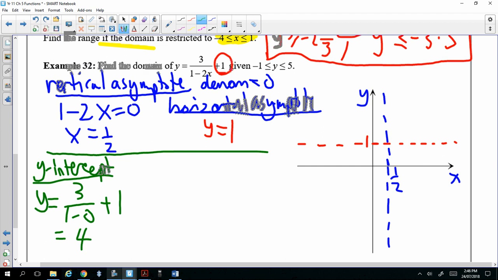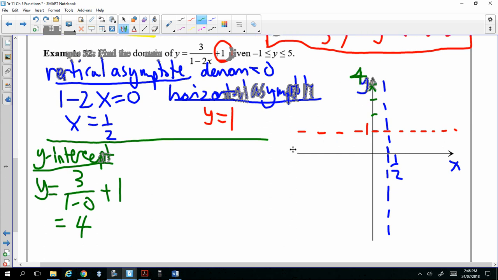Then you find the x-intercept. To find the x-intercept, y is 0. So you get 0 equals 3 over 1 minus 2x, plus 1.